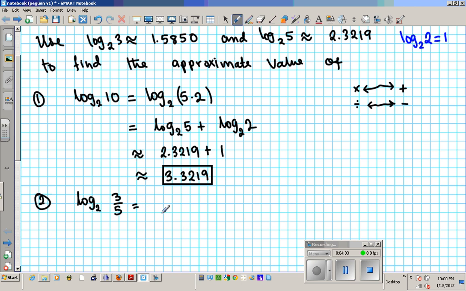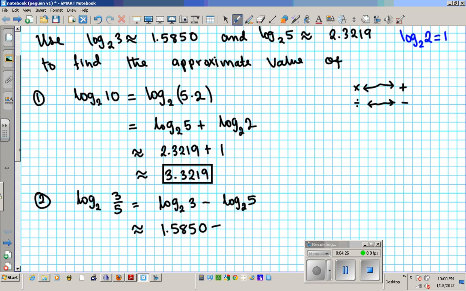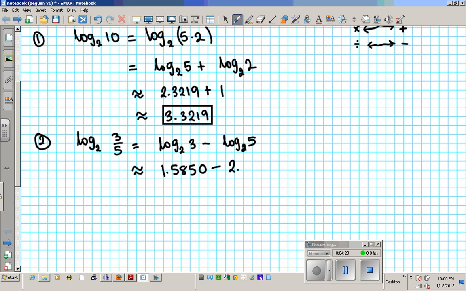That's going to be log base 2 of 3 minus log base 2 of 5. Now we can put in the approximate values. Log base 2 of 3 is 1.5850 minus log base 2 of 5, which is 2.3219.